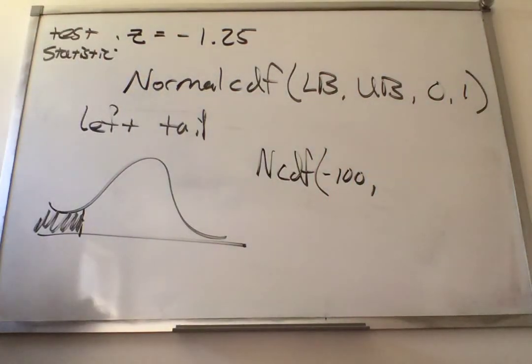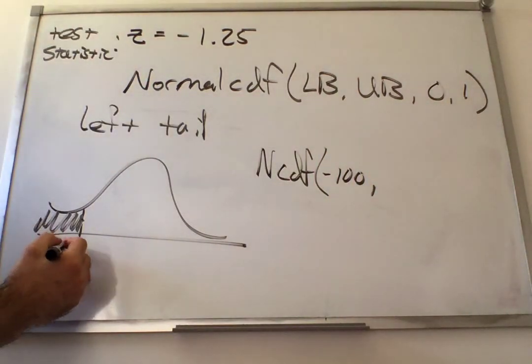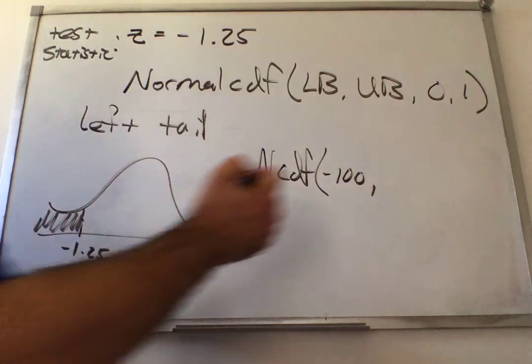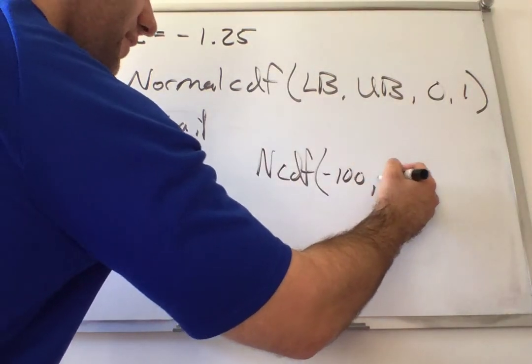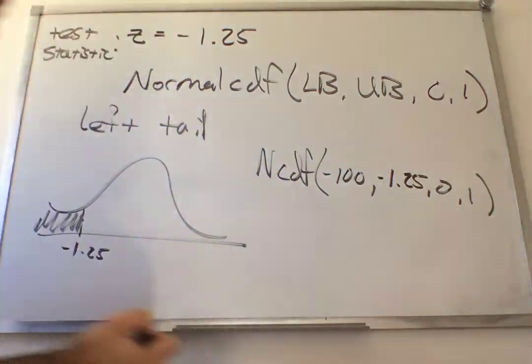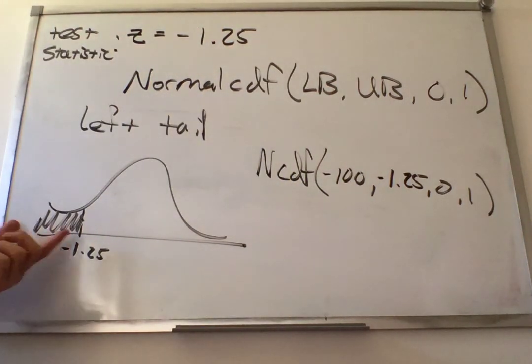I could use negative 100 here. Then this is negative 1.25 right there. So, negative 1.25, 0, comma 1. And then you would just hit enter. That would give you the left tail.